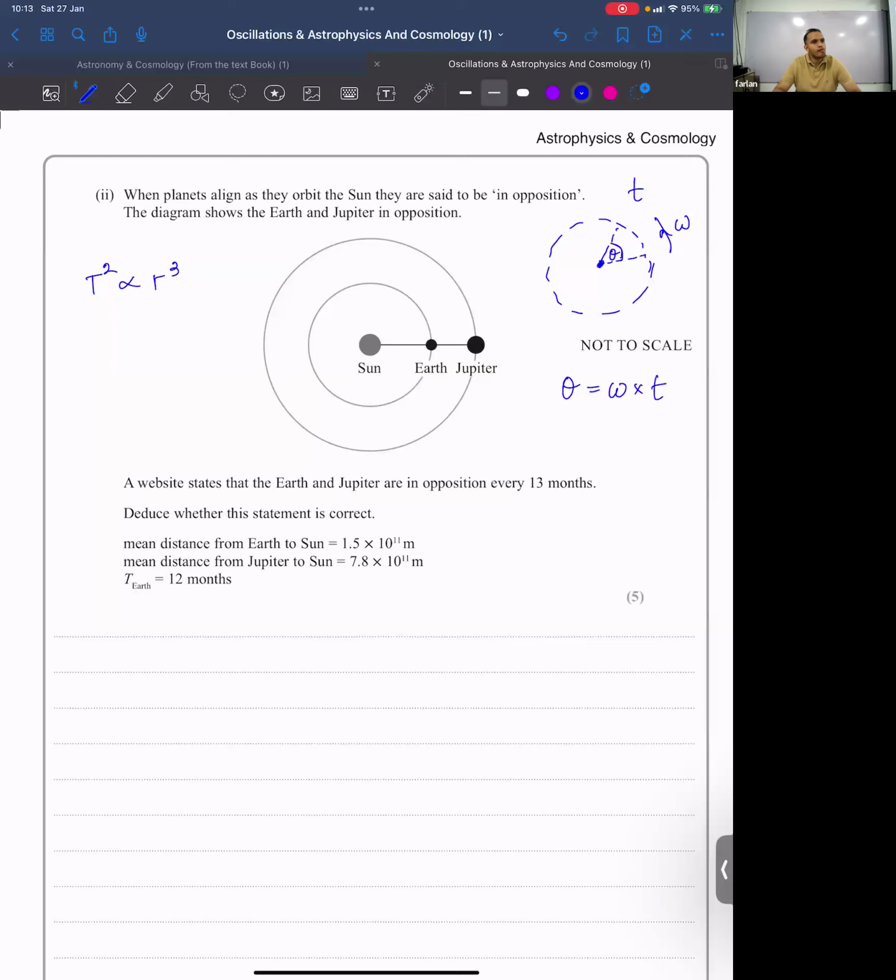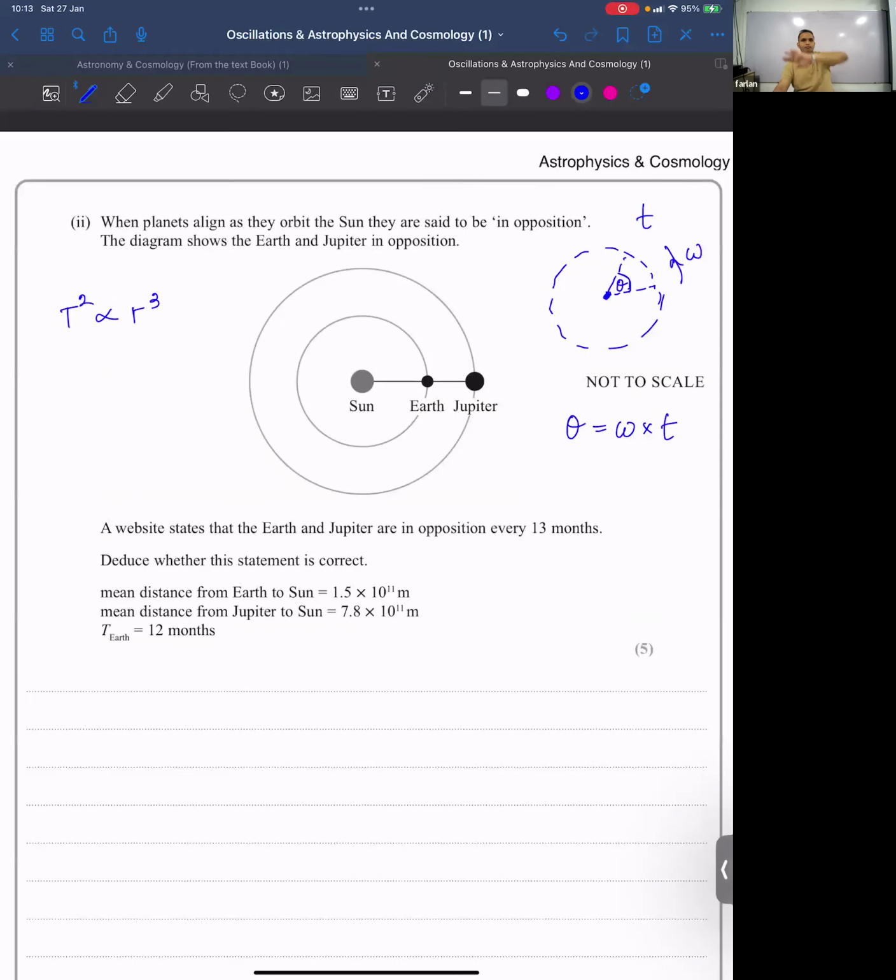Am I right? Omega is the angular speed. What is the angle it travels in 1 second? So if it is traveling for a time t, the angle it's covering is theta equals omega into t.